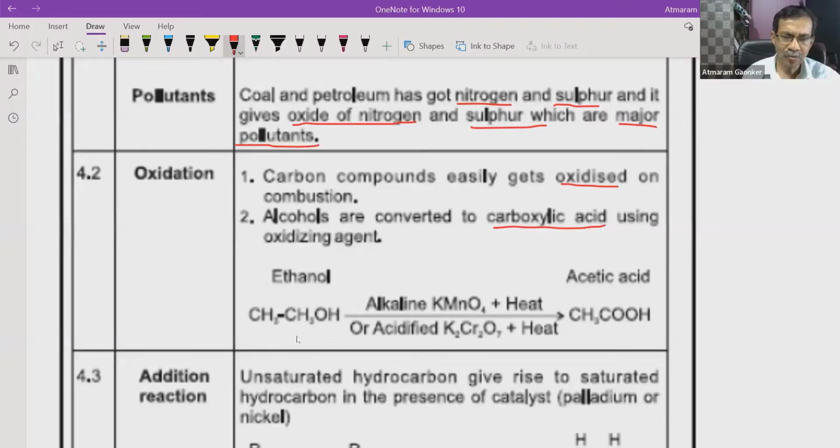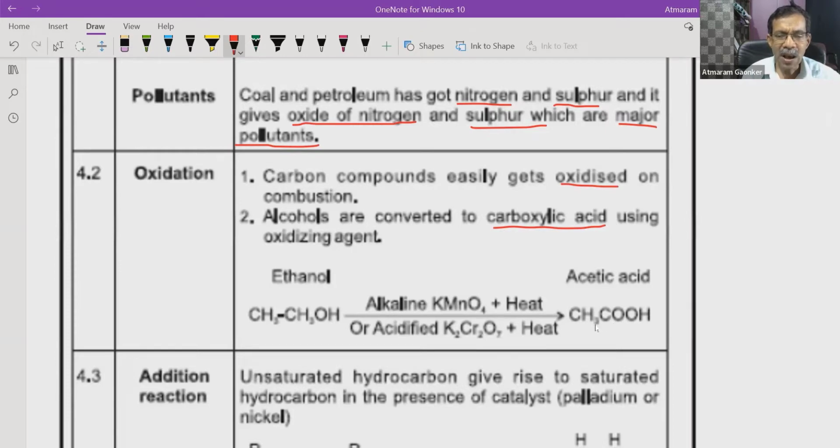This ethanol, when heated using alkaline KMnO4, potassium permanganate, or with acidified K2Cr2O7 plus heat, gives CH3COOH.